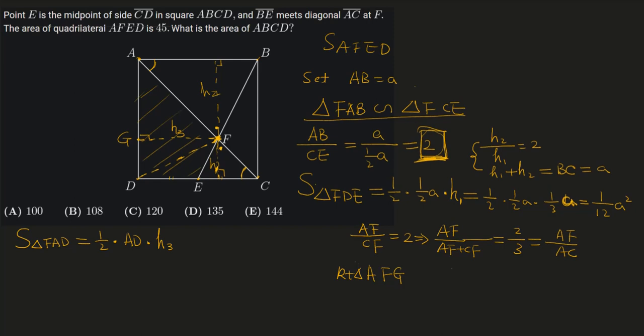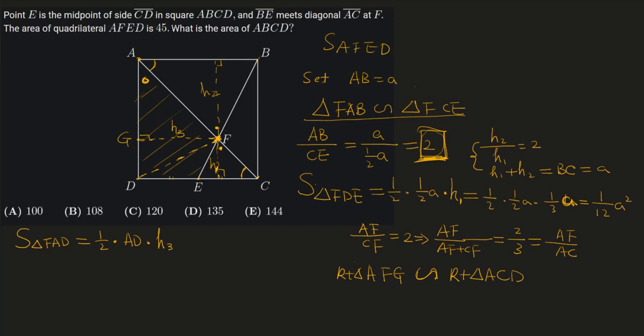Okay, this right triangle and the right triangle ACD. So obviously these two right triangles are similar. And this is because they share the same angle, this DAC, and both are right triangles. Therefore, the two triangles are similar.